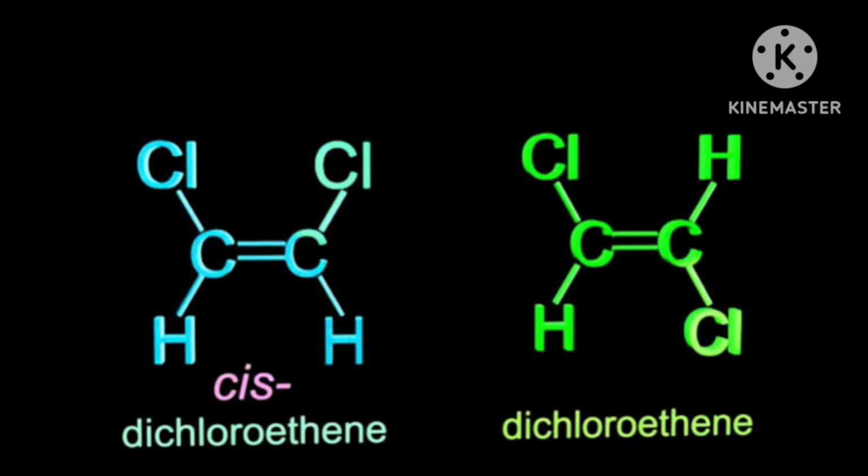And after that, the third butene has 3 carbons in the chain and 1 branch, a methyl group of 1 carbon. It is attached to the central carbon, with 3 carbons in the chain and 1 carbon as a methyl group attached to the center. Then the name becomes 2-methyl, because the double bond is at carbon number 1, then the middle carbon, then the last carbon, 3 carbons.